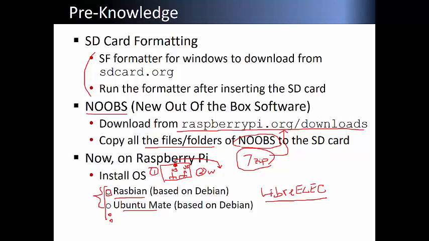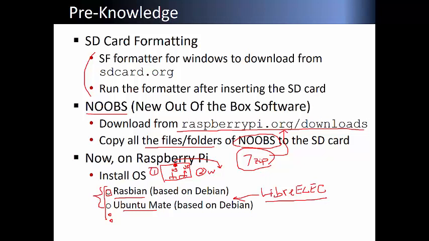But probably it's not going to run efficiently because Windows 10 consumes a lot of resources, right? Usually Windows 10 requires at least 4 GB memory, and we have only 1 gig. But that is also possible. One of these menus is where you can find LibreELEC.